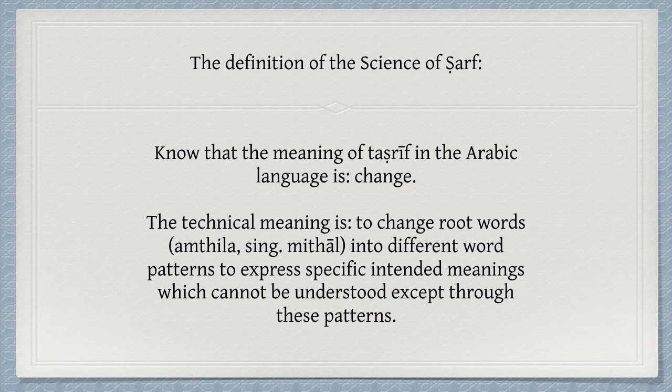There are other patterns for it, but generally the pattern that is recognized as the pattern of the doer, the fa'il, to express the meaning of someone doing something, you would use this. And the same with maf'ul, the pattern of an object to which something has happened.